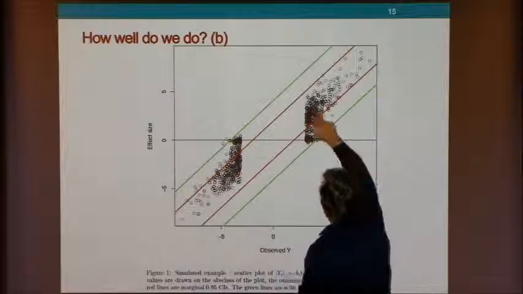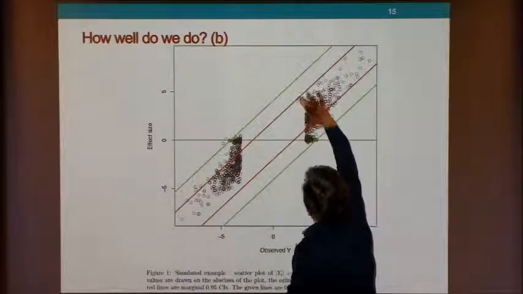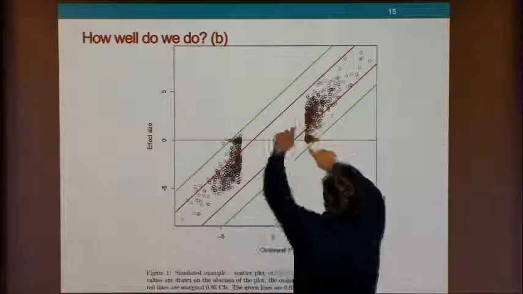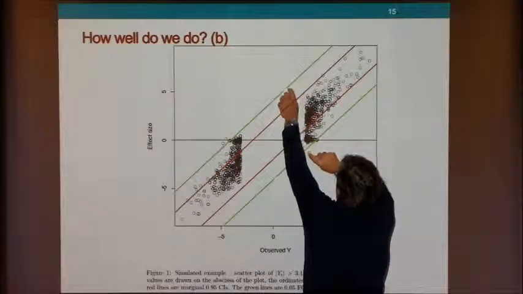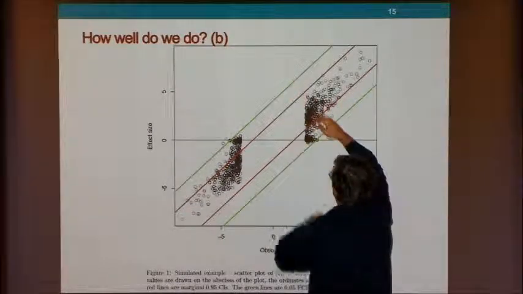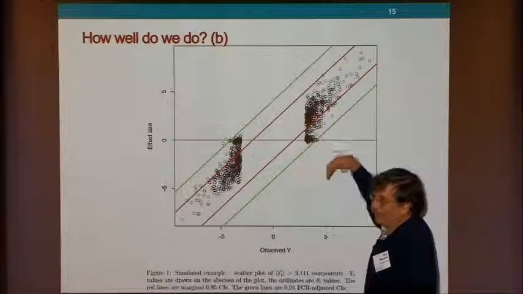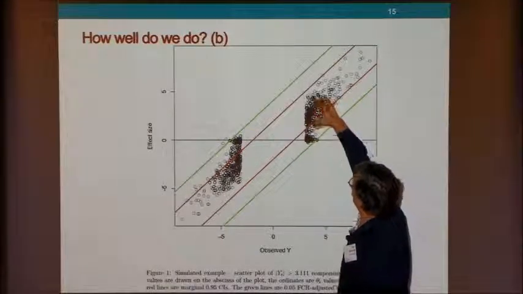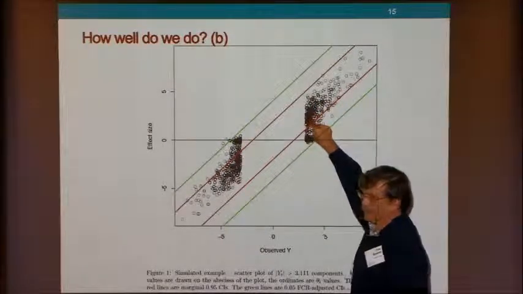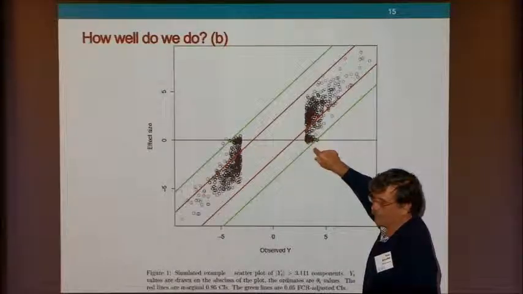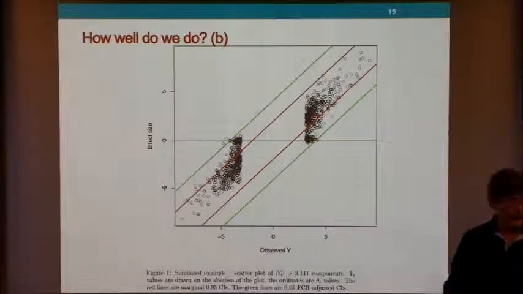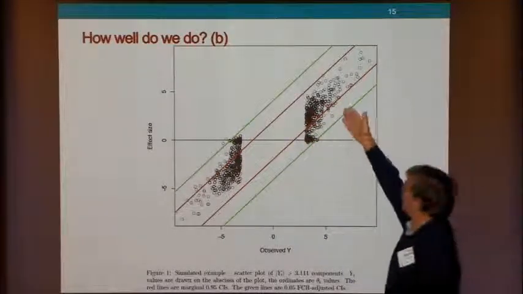They are brought in this form so that this is the unadjusted confidence interval, and this is the FCR adjusted confidence interval. This will be in one place, and the observations move around. So the confidence interval will cover if the point falls inside. It will not cover if it falls outside. Okay? And what we see clearly is that the unadjusted are really bad.